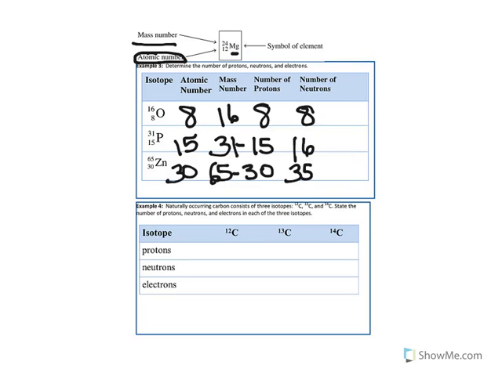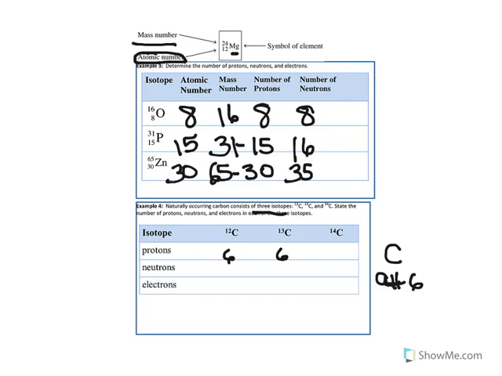Naturally occurring carbon has 3 isotopes: carbon 12, carbon 13, and carbon 14. Let's look at the number of protons, neutrons, and electrons in each of the 3 isotopes. Carbon, looking at the periodic table, has an atomic number of 6. Therefore, all carbons have 6 protons, regardless of their mass number.